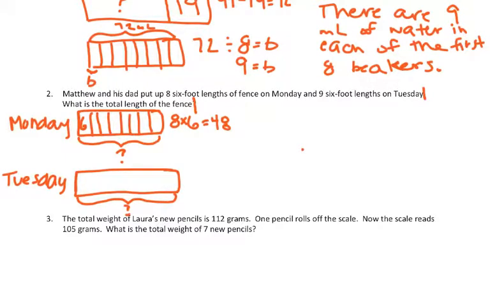And there were 9 6-foot lengths on Tuesday. So I need to separate it into 9 equal parts. And each part is 6. So to figure out the total, we can do 9 groups of 6, which gives us 54.